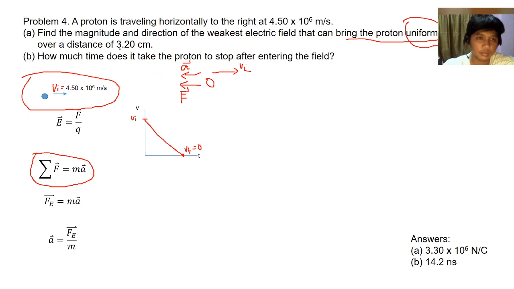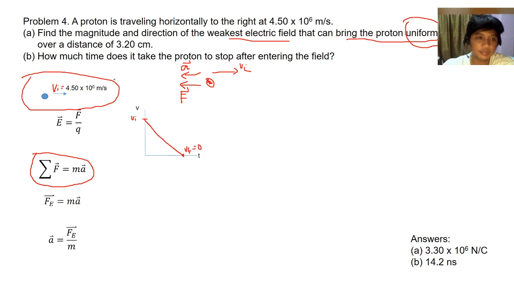Now, find the magnitude and direction of the weakest electric field that can bring the proton uniformly to rest. So how do we apply a force? That's the next question. How do we apply a force to this charged object? And we know that we must apply a force and it must be in the opposite direction. So how do we do that?